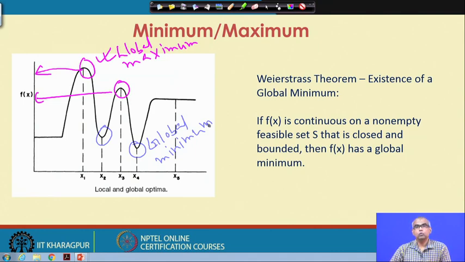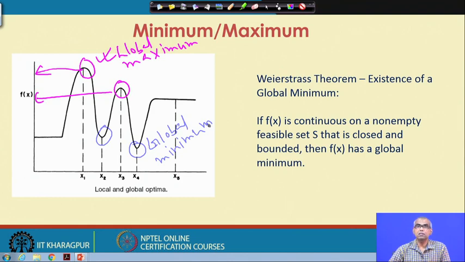Now, we will introduce a theorem known as Weierstrass theorem, which talks about existence of a global minimum. If f x is continuous on a non-empty feasible set S that is closed and bounded, then f x has a global minimum. So, it is very intuitive.